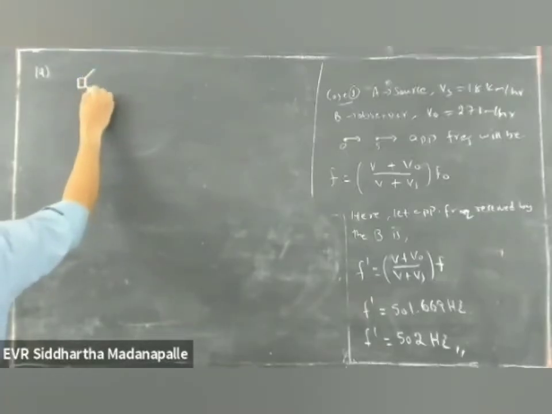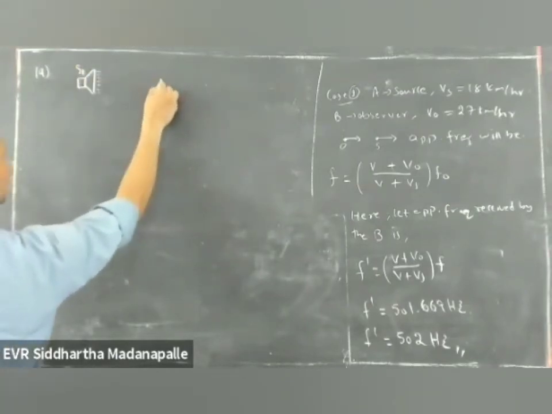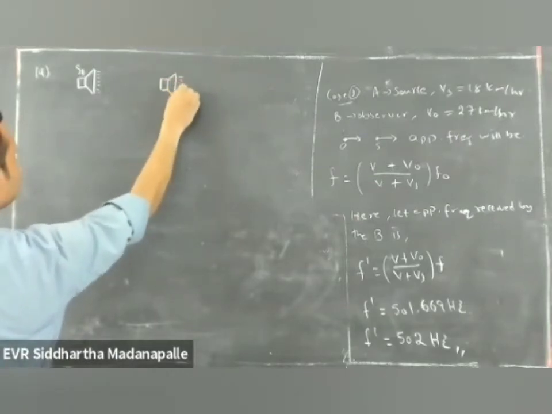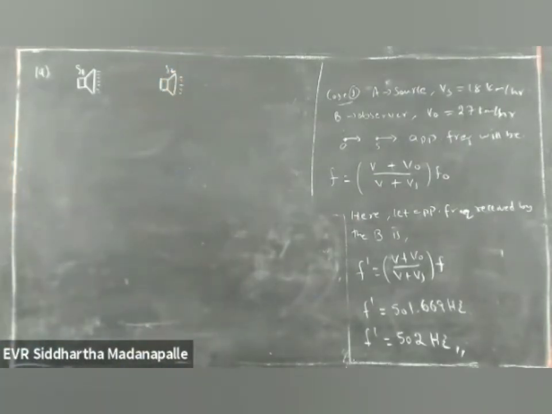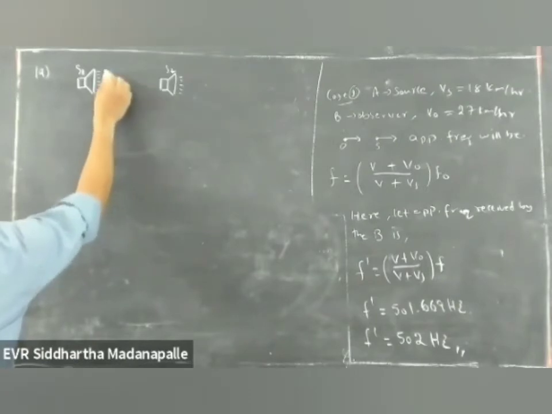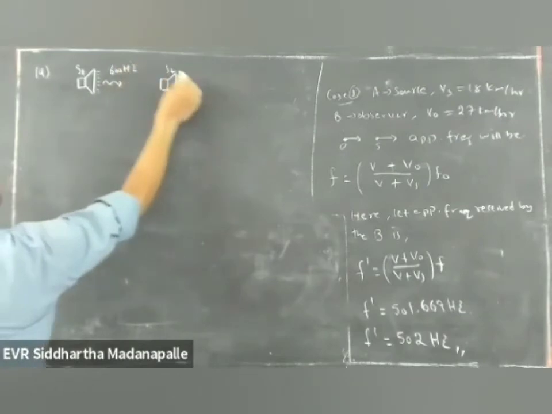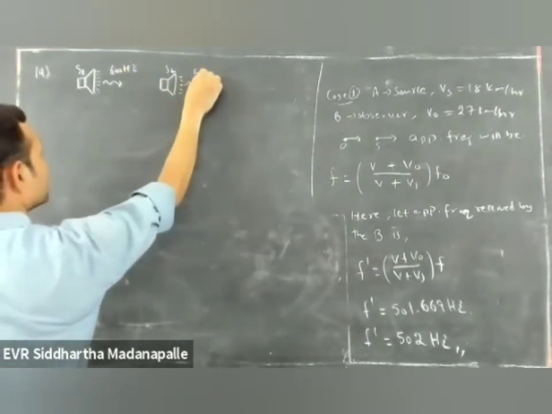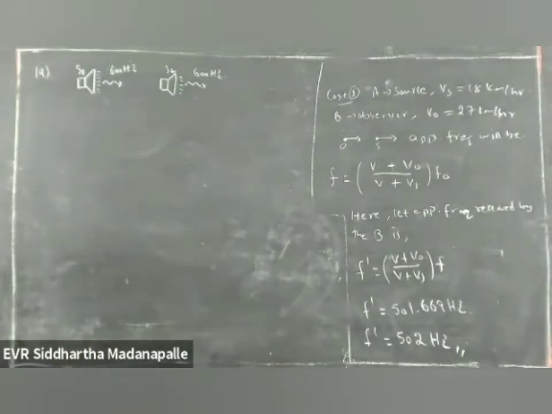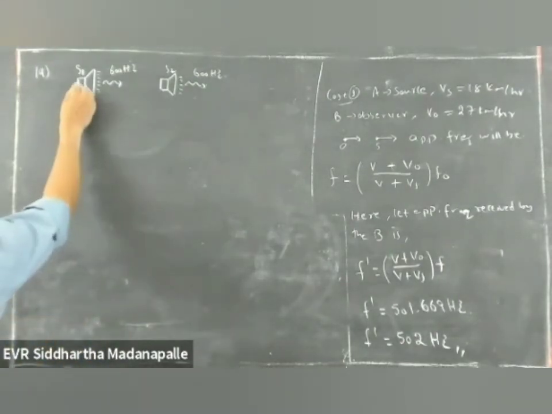This is the source of a speaker, I am taking S1, and this is another source, another speaker S2. Both are emitting waves of frequency 600 hertz. This is also 600 hertz. And both are at rest, remember.